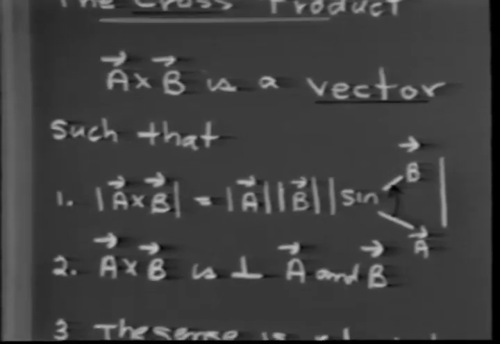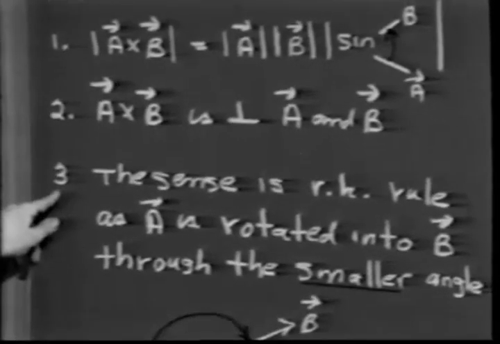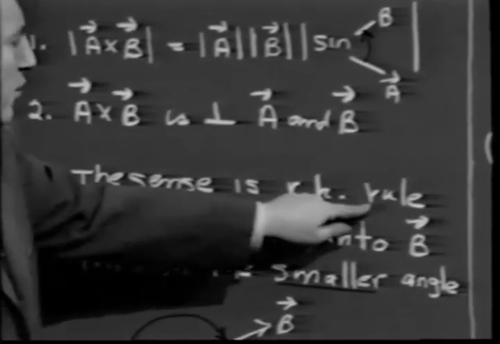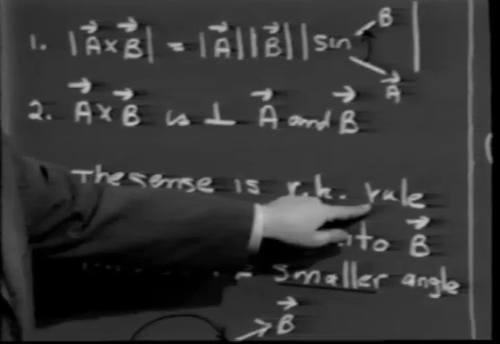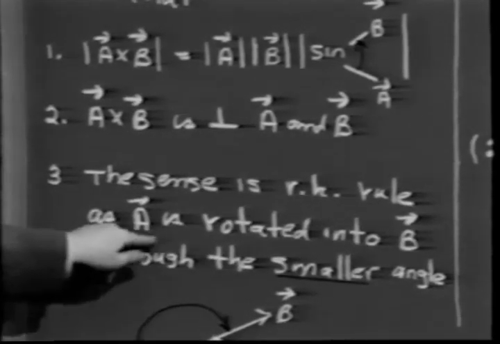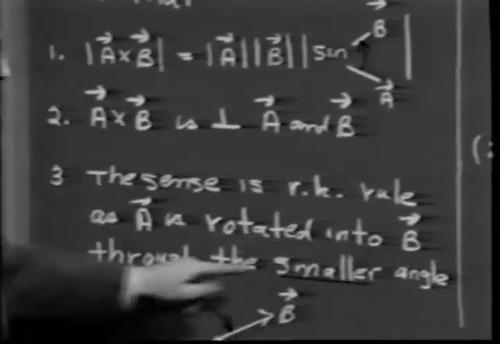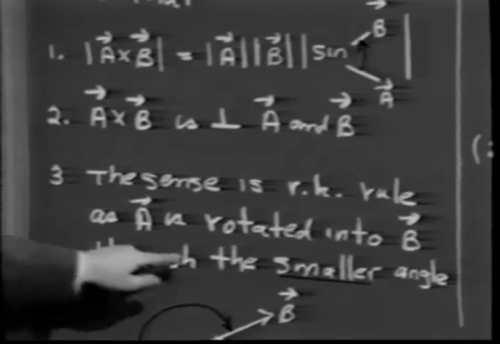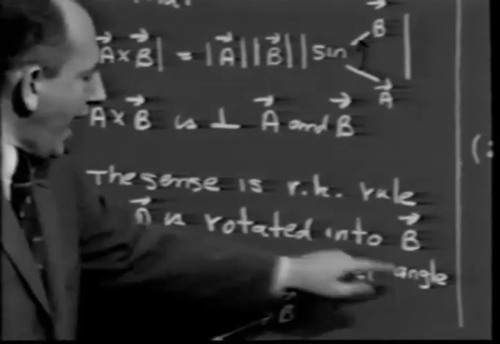And thirdly, I must now give you the sense of A cross B, and the sense is the usual right-hand rule. In other words, the direction in which a right-handed thread screw would turn as A is rotated into B, and now I have to be careful because of this sine situation, through the smaller angle.